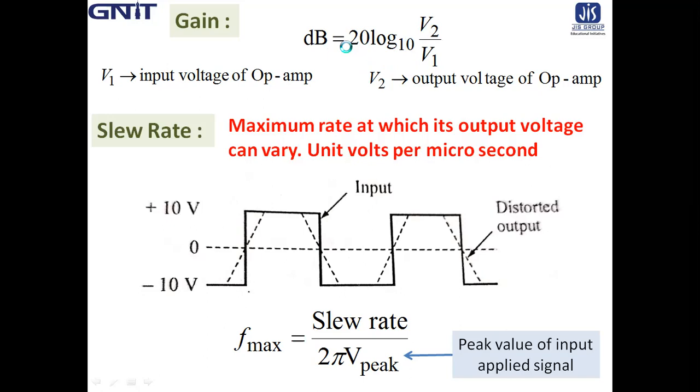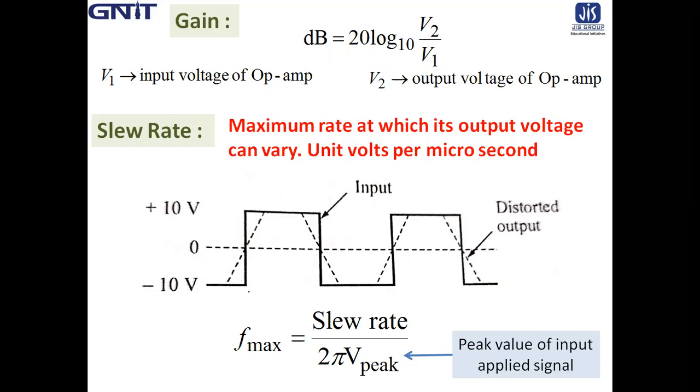And next is the very important term, which is slew rate. Now, the slew rate of an op-amp is defined as the maximum rate at which its output voltage can vary.